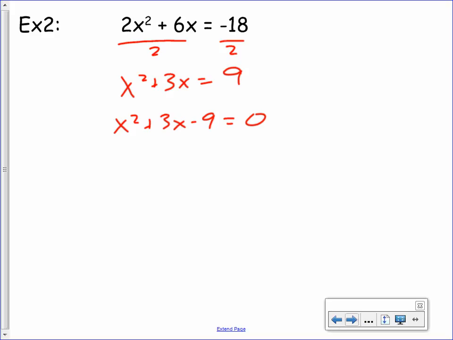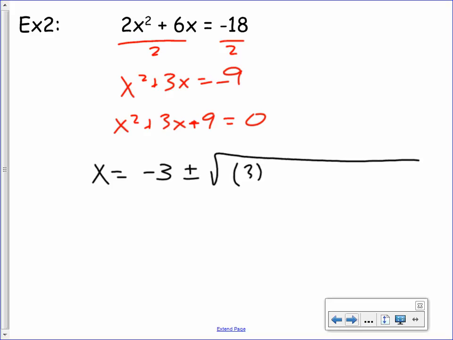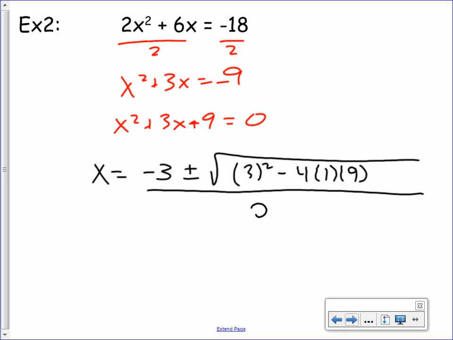All together, x is equal to negative 3 plus or minus the square root of 9 minus 4 times negative 9, all over 2.